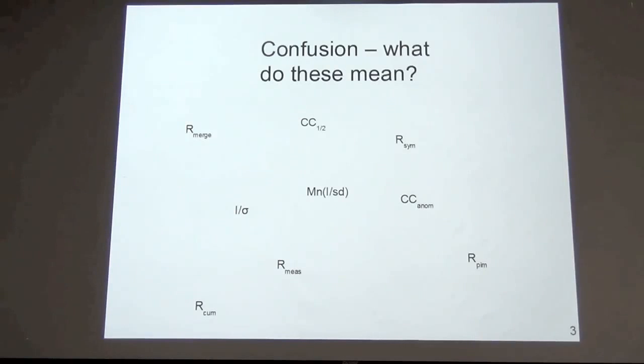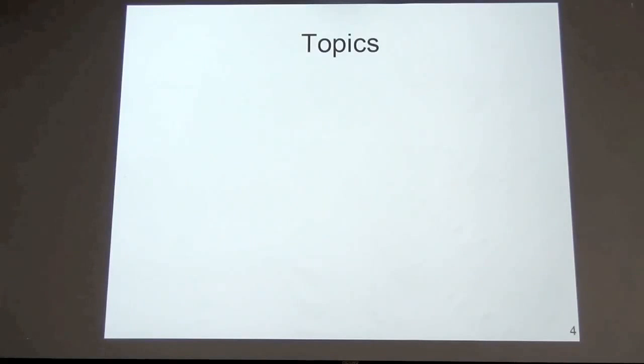As I said, 17 years ago, I published something about something very close to R pim, and R meas is actually defined by Eddie Karplus and me. And CC1/2 is the latest addition. So it's not about finding more indicators and publishing something about this, but rather what conclusions can we draw from these indicators? What is their relationship? And this took me another 17 years to really understand. So this is why I'm here today.